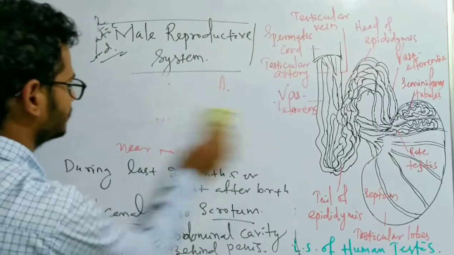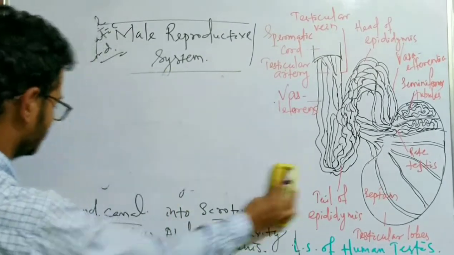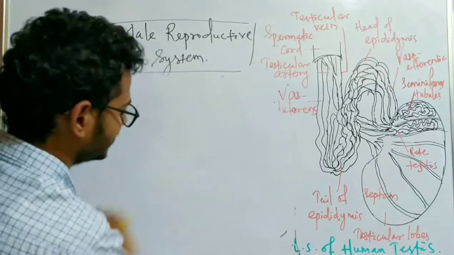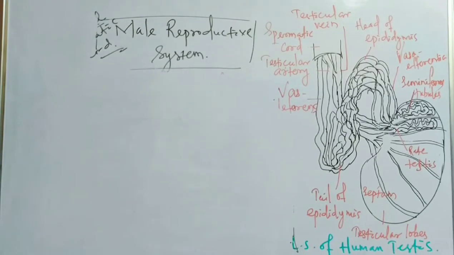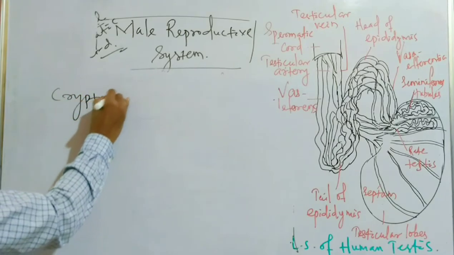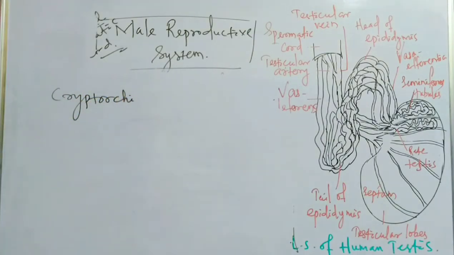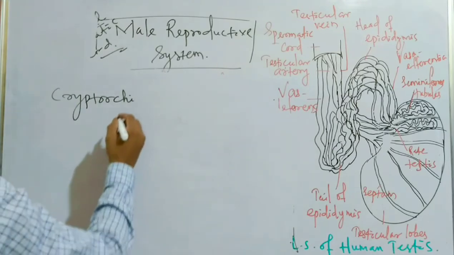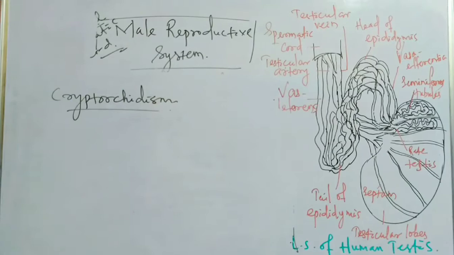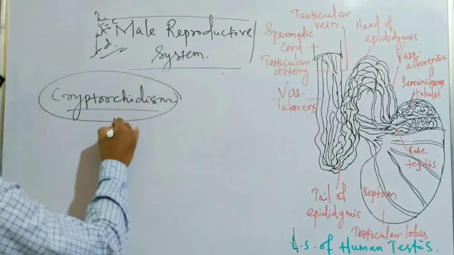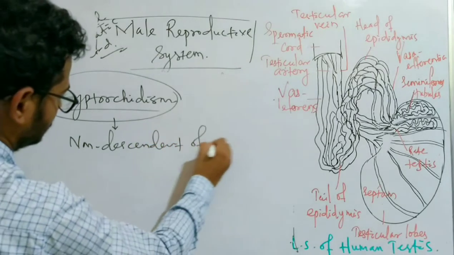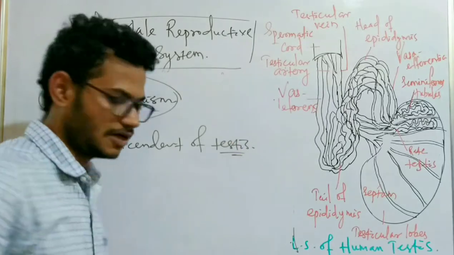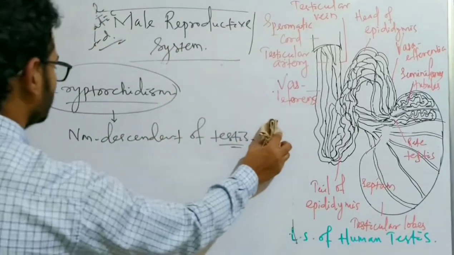If the testis does not descend from the abdominal cavity to the scrotum, then the condition is called cryptorchidism, which means non-descent of the testis, either on both sides or on a single side.